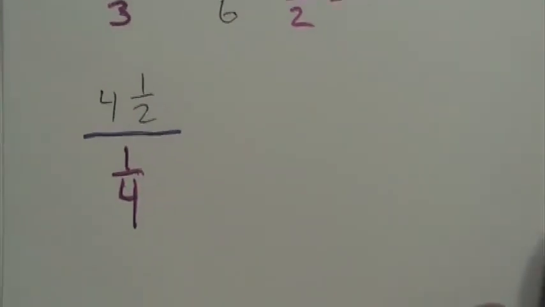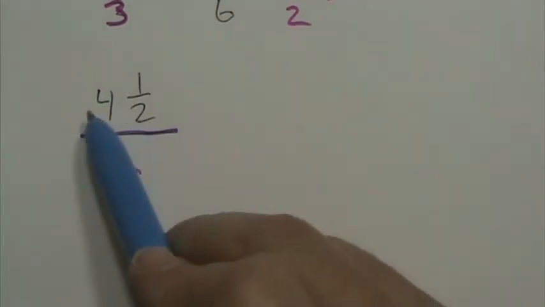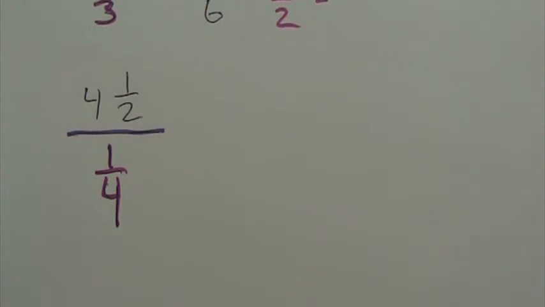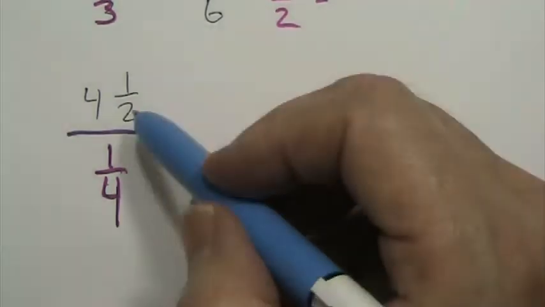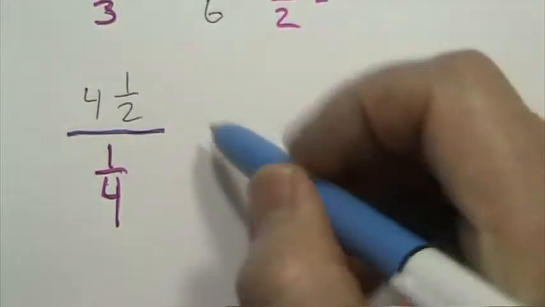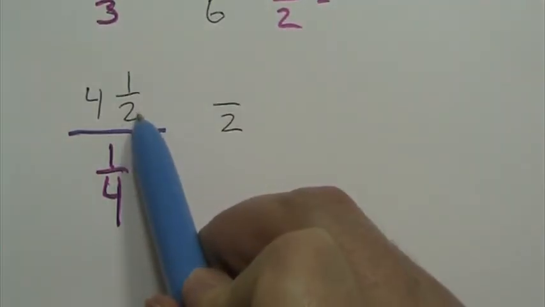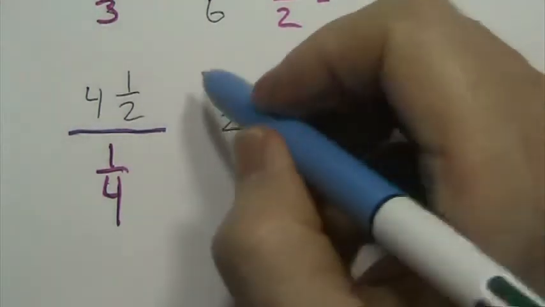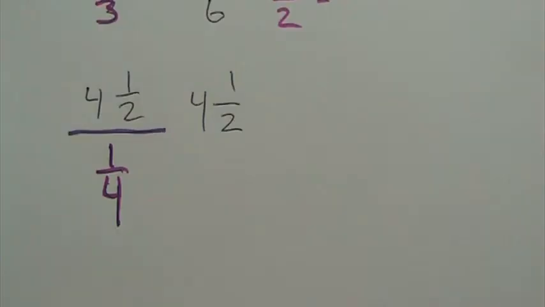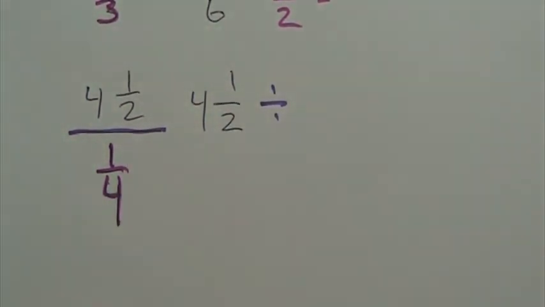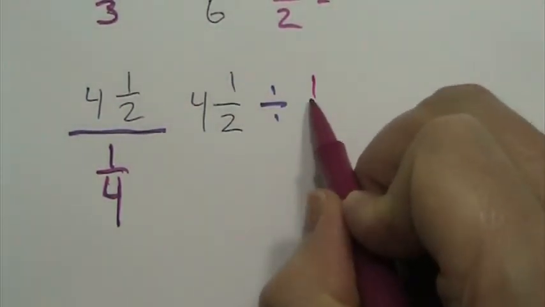And the last one, now sometimes it may be a mixed number. So 4.5. Now remember, on a mixed number, this first fraction, you need to make it into a fraction. So we have, you know what, I could just rewrite that. Okay, I'll make it simpler, sorry, divided by, and then we have our 1/4.